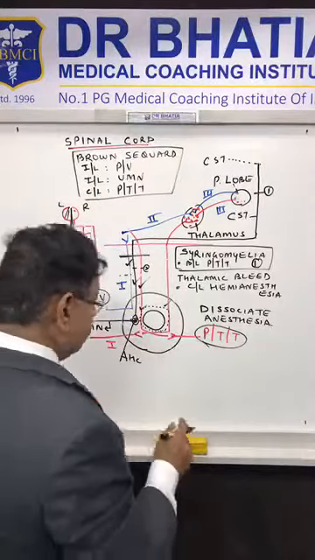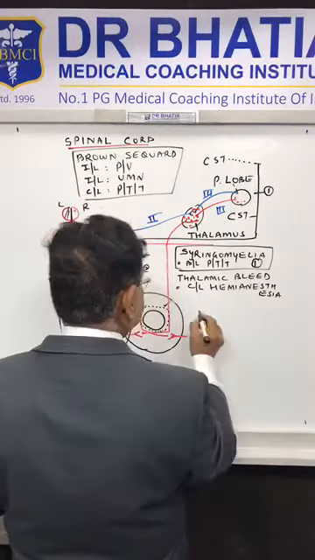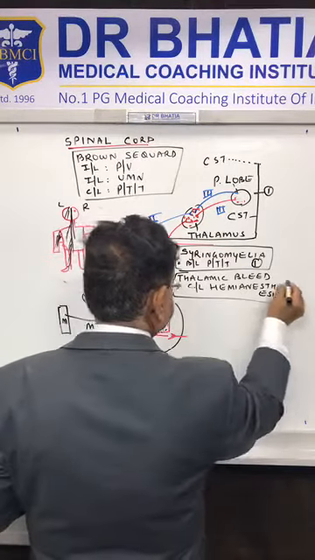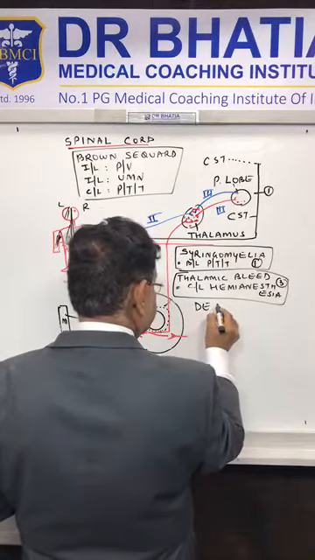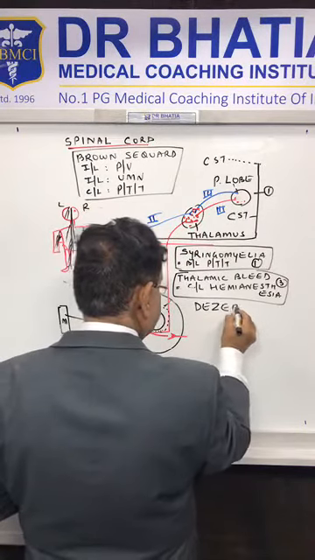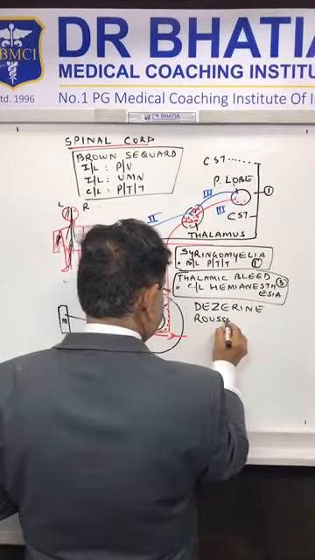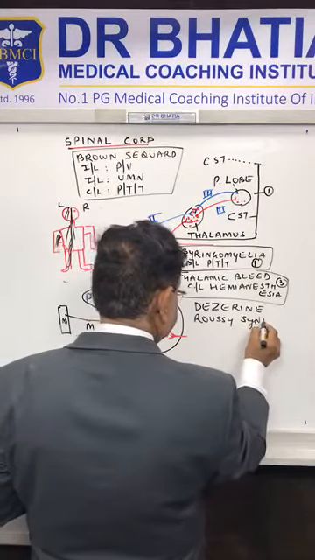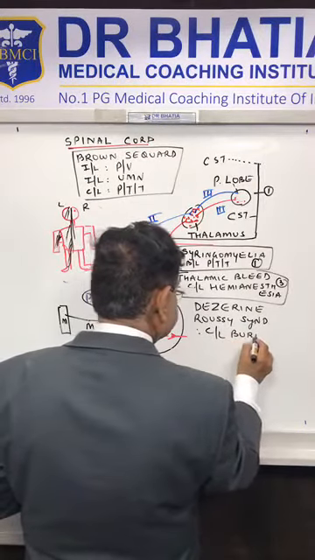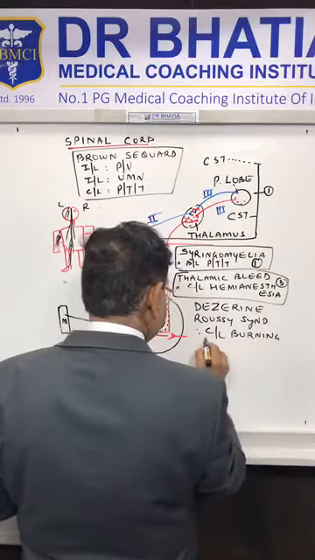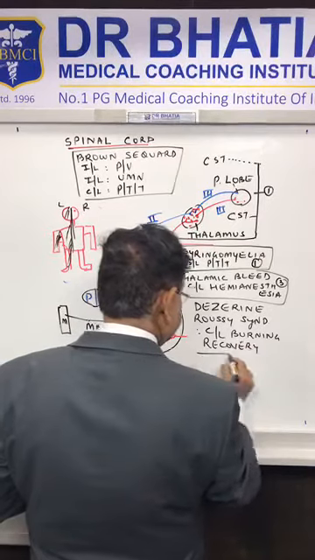This is known as Dejerine-Roussy syndrome: contralateral burning in the recovery phase of thalamic bleed.